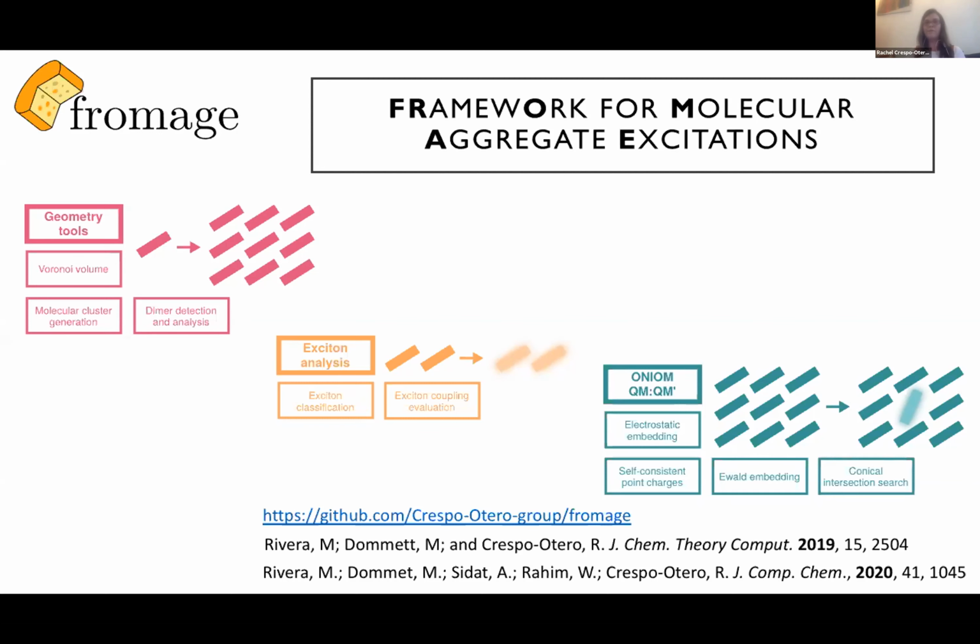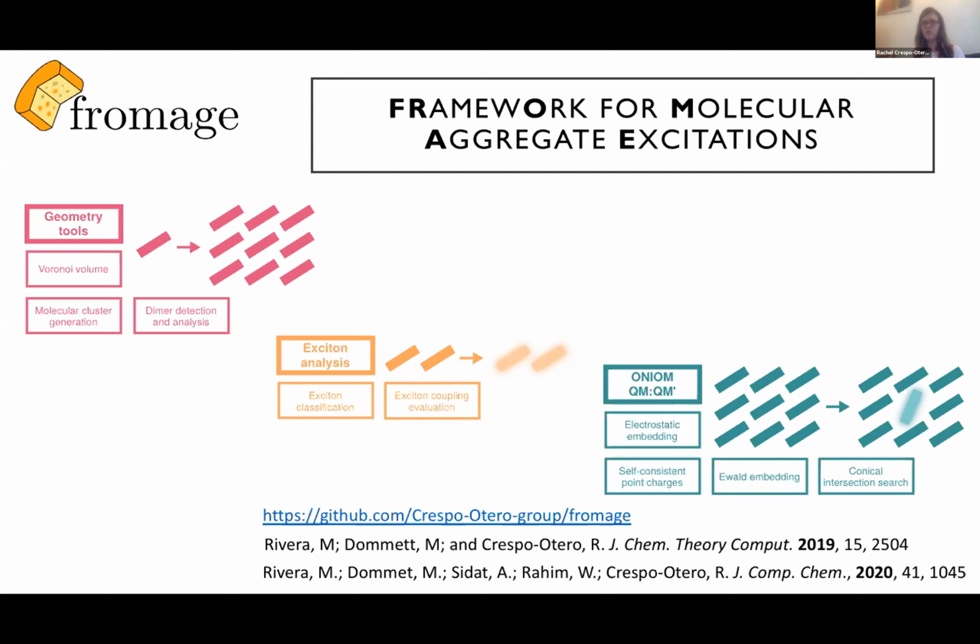We put together a series of tools to calculate molecular excitations in molecular solids. They were implemented by Miguel, one of my PhD students, in the code from MASH. We have a set of tools that are designed to analyze excited states in molecular crystals.